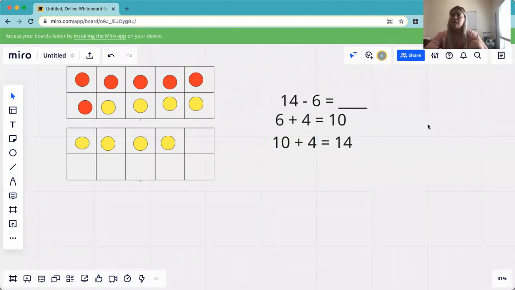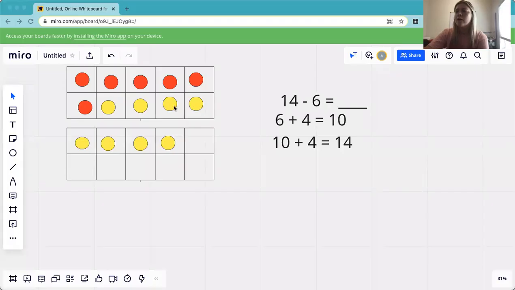An easy way that we did that is we separated into 2 colors. I had my 6 that were red, and I had how many that were yellow? Let's count. 1, 2, 3, 4, 5, 6, 7, 8. I had 8 counters that I added on to my 6 to get to 14.